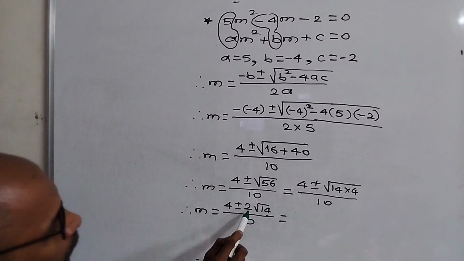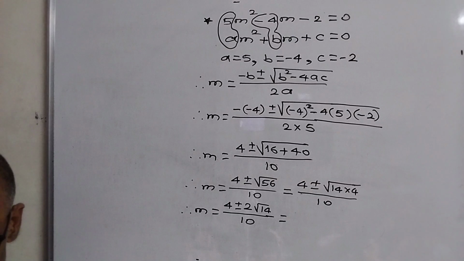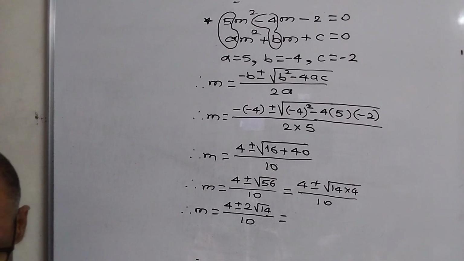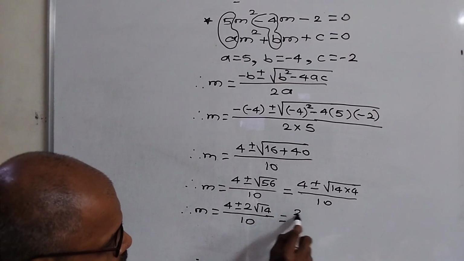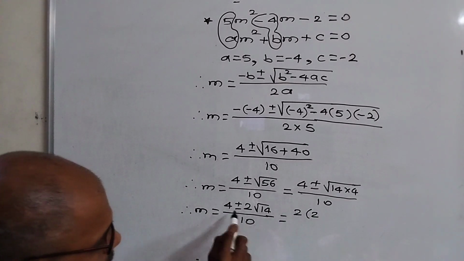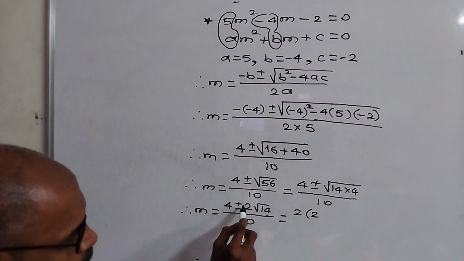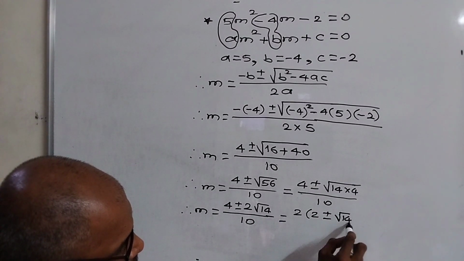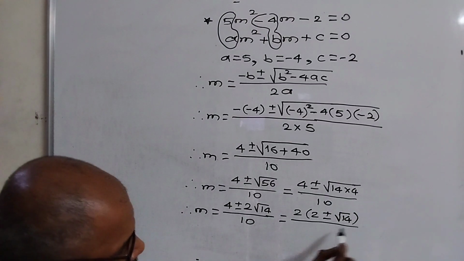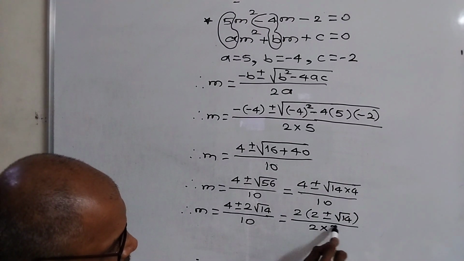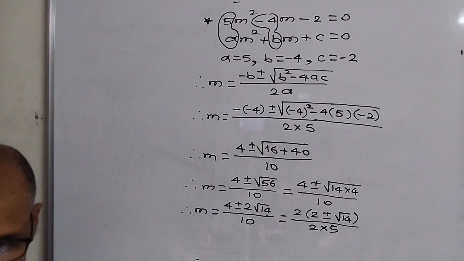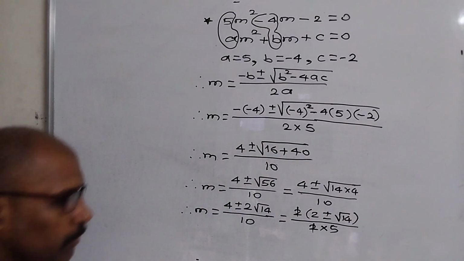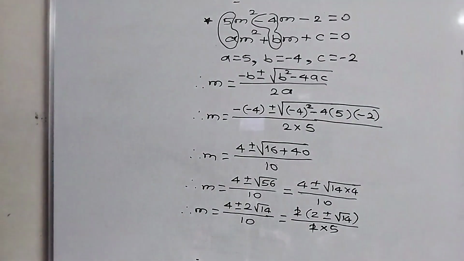Now here 2 and 4 are divisible by 2, so we take it common. 2 bracket, 2 2s are 4, 2 into 2 is 4, plus minus square root of 14, upon, I told you, keep it as it is, 2 into 5. See this, these are our two roots.